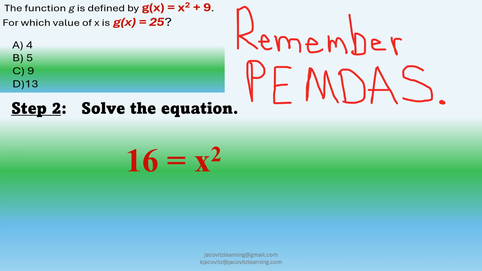16 equals x squared. Now, we need to get rid of this exponent. Do you realize that when you say x squared, this means variable? I'm going to change the variable and put an a squared, because that's the first place you realize that.